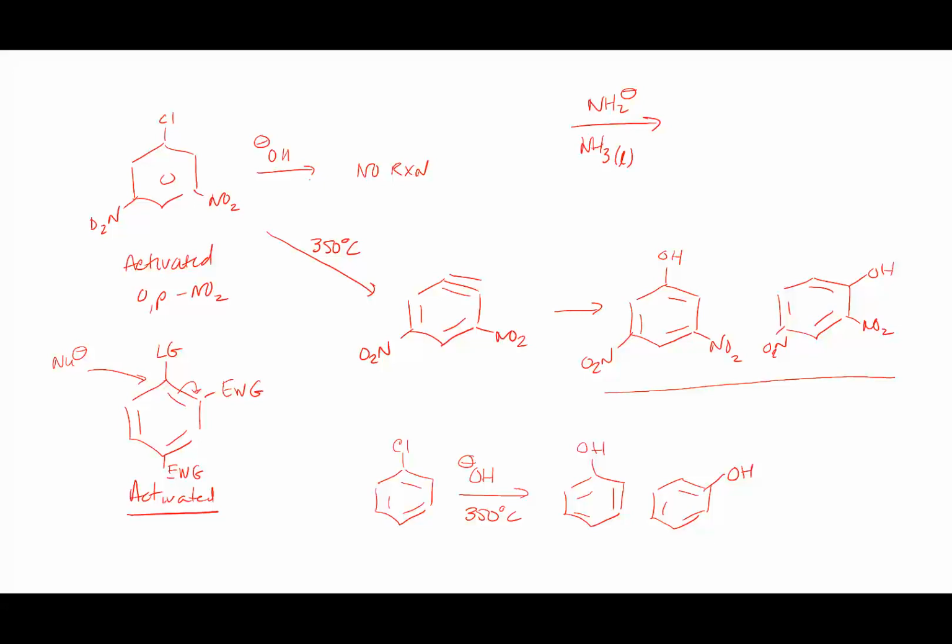So how would we make the NH2 minus? We would do something like sodium hydride, dissolve sodium hydride in the liquid ammonia, and the hydride would deprotonate the ammonia to make the NH2 minus. So that one can't be done at high temperatures.